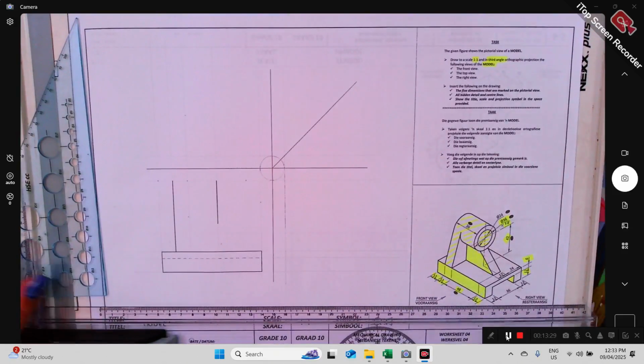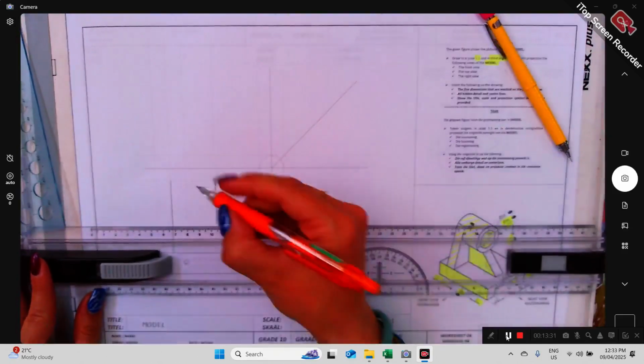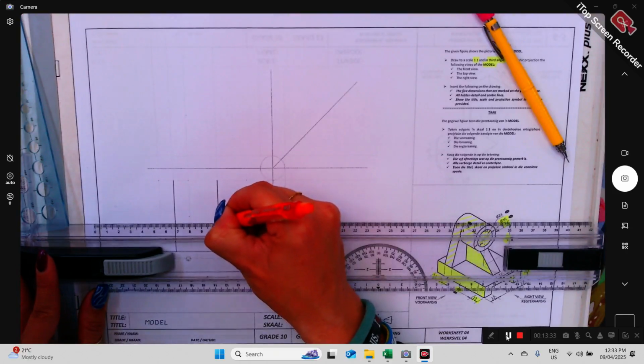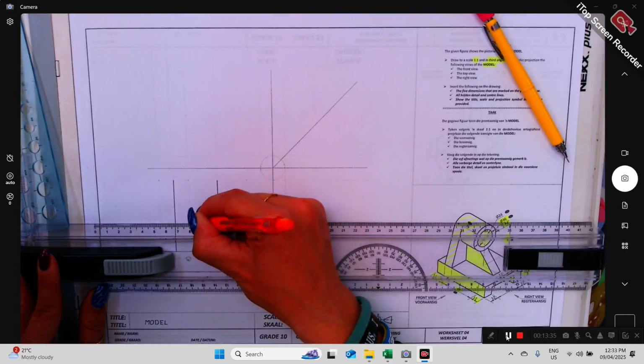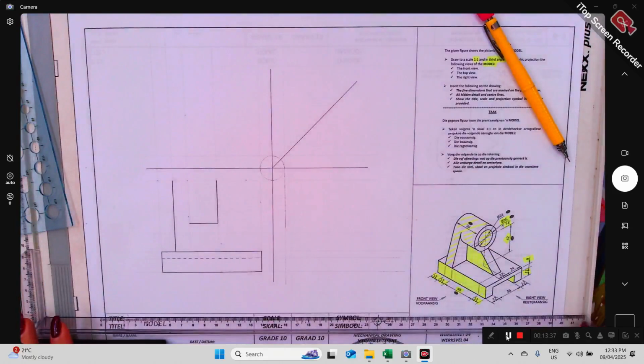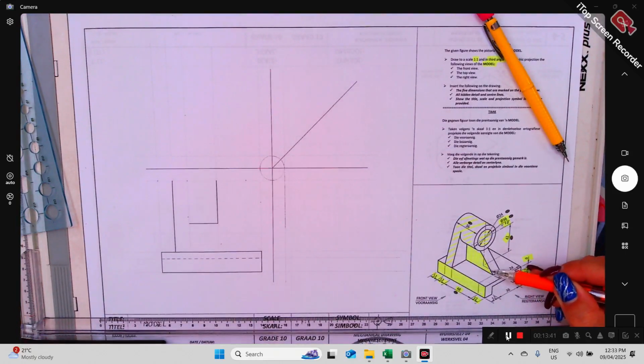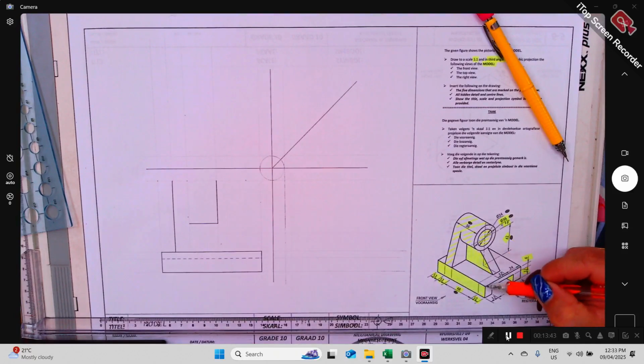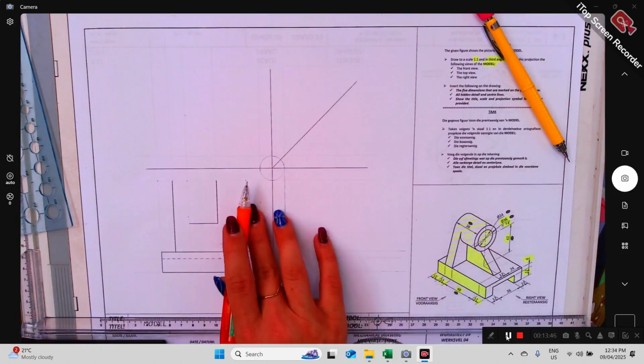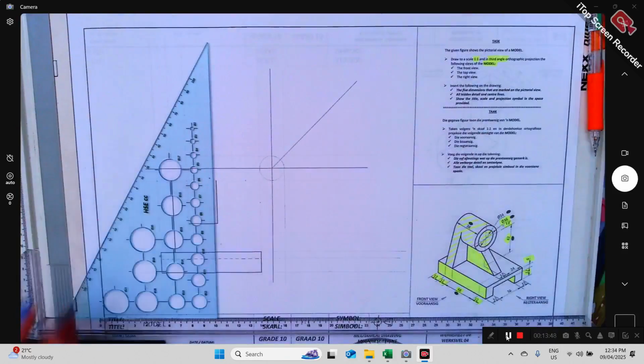So I'm going to do the rest of my cylinder, inserting that line there. Then again, the wedge for the centerpiece here is 12 millimeters away from the edge of my base. I've already measured that 12 millimeters out.